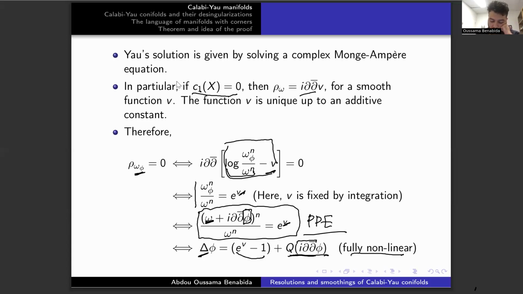And Yau's solution is done by the continuity method. For the openness, we just need to study the linear part, which is the Laplacian. But for the closedness, Yau's contribution is establishing certain estimates that allow for the solution of this equation.